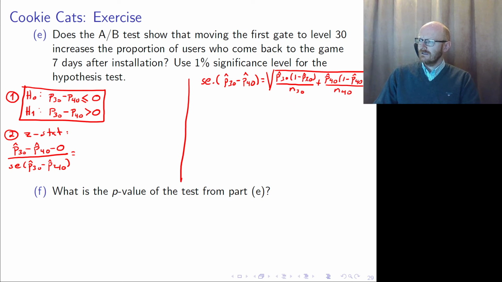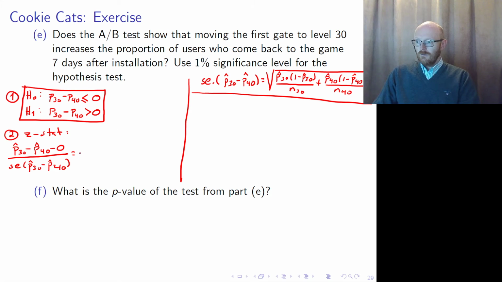If you think about it, P30 hat is the probability we found that gamers come back after 7 days when the gate is at 30, and 1 minus P30 hat is the opposite: the probability that they don't come back, divided by the sample size. So this is just the standard error.